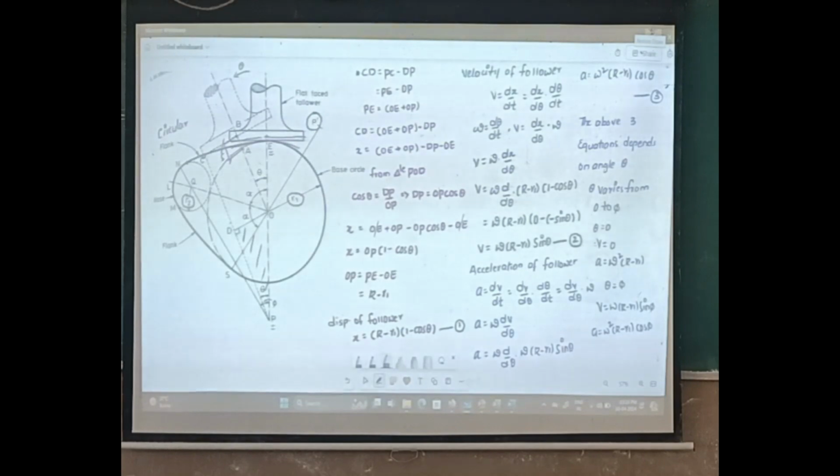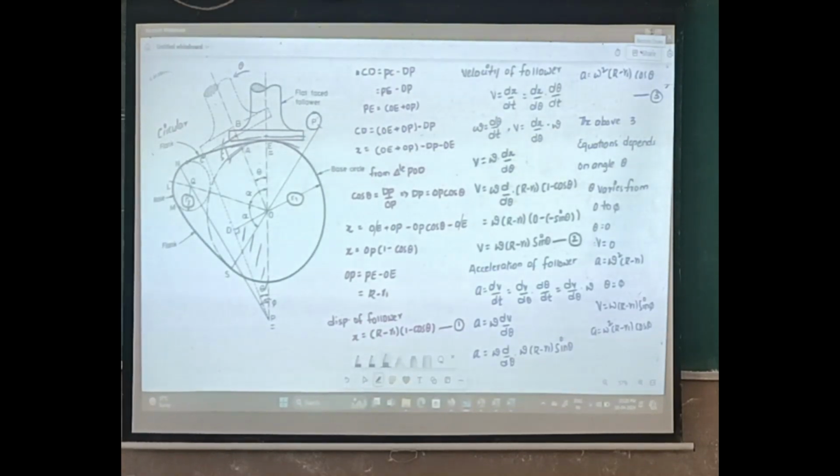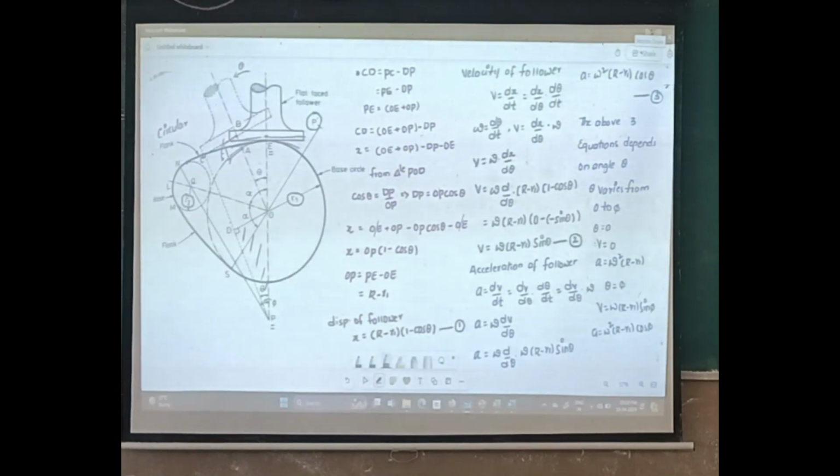Okay, so this is the analysis of a flat follower with a circular arc cam, when there is a point of contact between the circular flank as well as the base circle with the flat face of the follower.